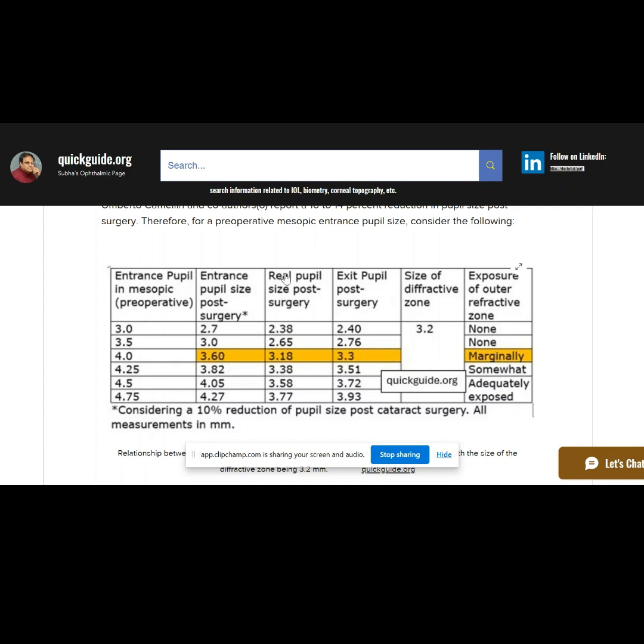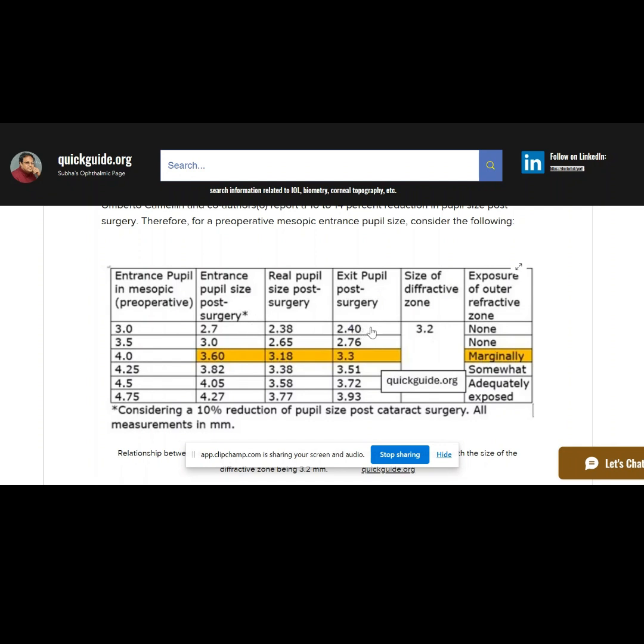Now, based on that, the real pupil, remember there is a relationship between the real pupil size and the entrance pupil size, post surgery would be around 2.38. The mathematics of how I come to this is in the article also. The exit pupil post surgery will be around 2.4 millimeters. Again, there's an explanation of how we arrive at the exit pupil post surgery based on the entrance pupil.